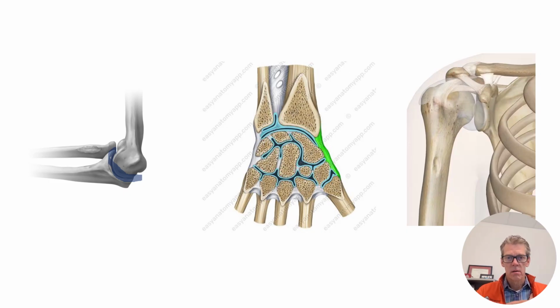Our radiocarpal joint, this is our distal radius. These are our carpal bones in our wrist. That's an ellipsoid joint. It's concave and convex, but it has an oblong shape, an oval shape, kind of like an egg.